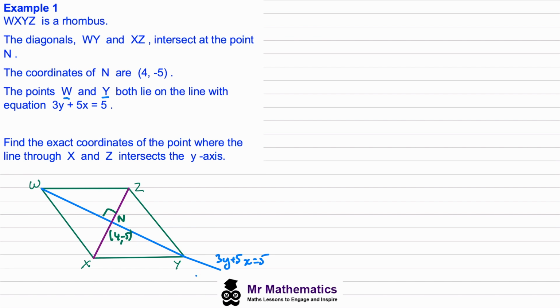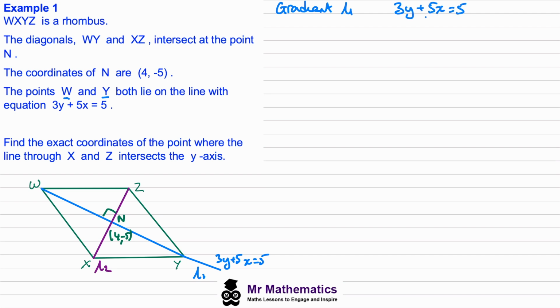So if we call the blue line L1 and the purple line L2, then we can work out the gradient of L1 by rearranging this equation to make y the subject. We have 3y + 5x = 5.